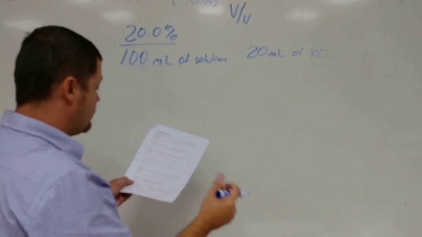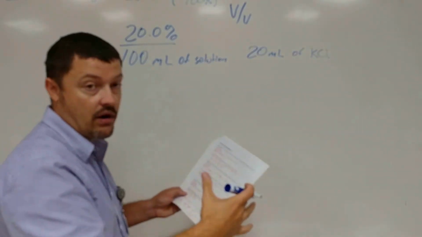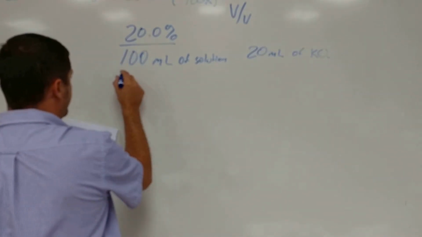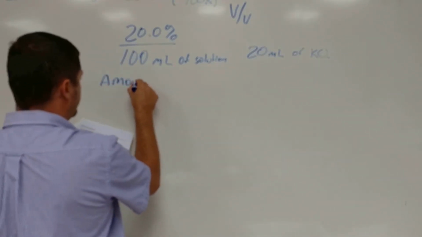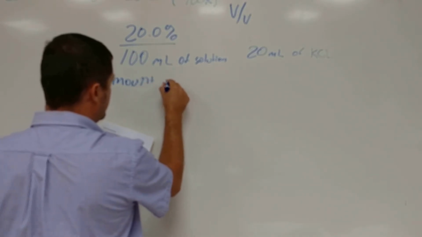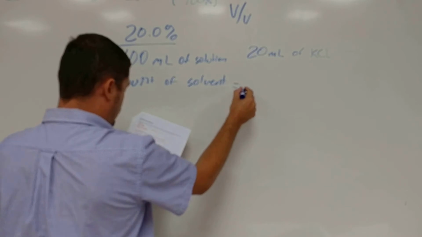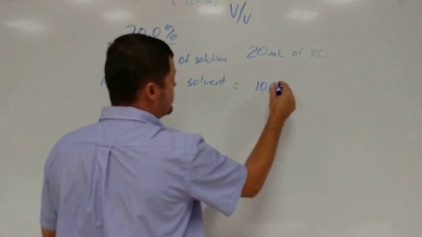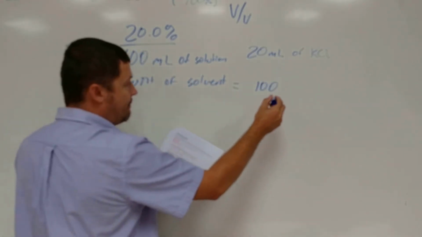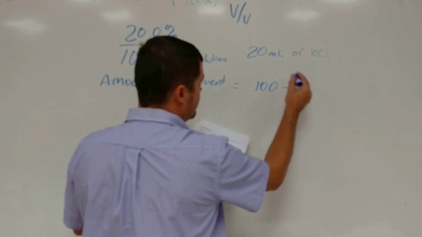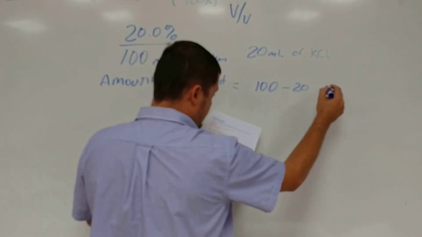So amount of solvent, which is going to be our total, okay? So this little formula, amount of solvent equals 100, which is our whole, minus 20, which is what our figure is.